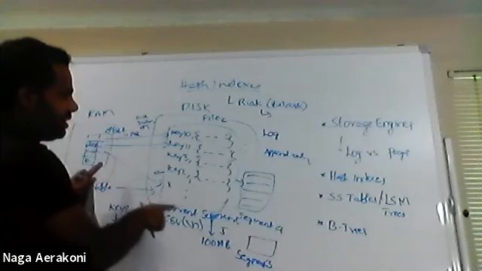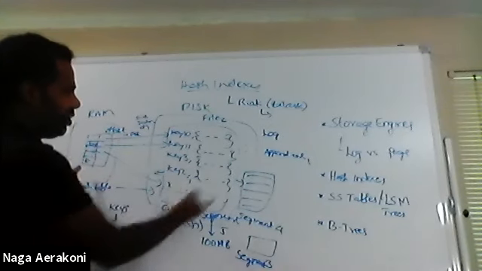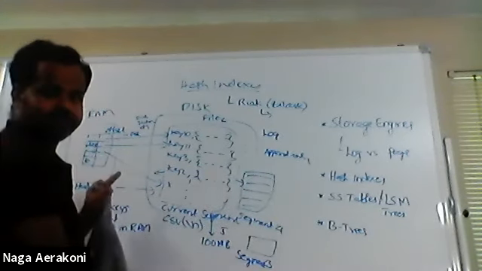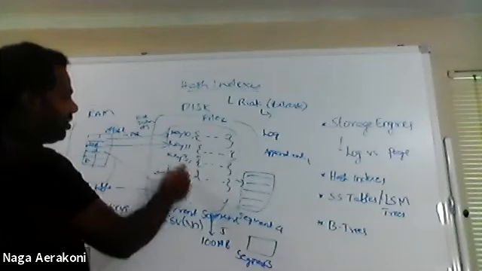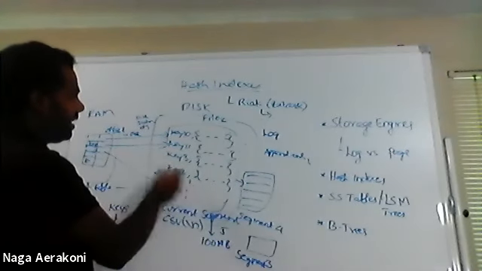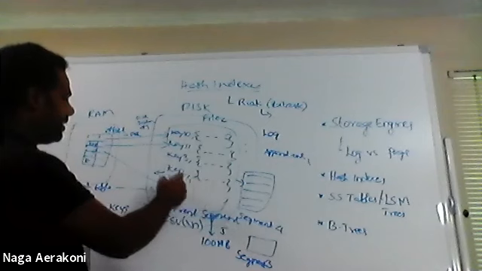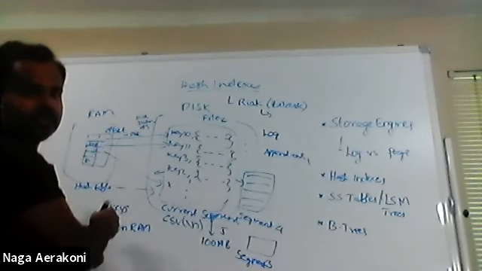So this worst case will happen only if the key is not present in any of the segments. If the key is already present in the current segment, it means I already have the latest data, and I will just return quickly. So it is faster.